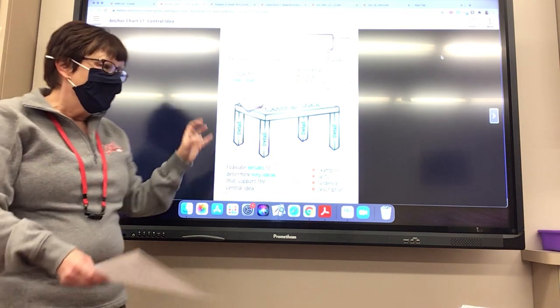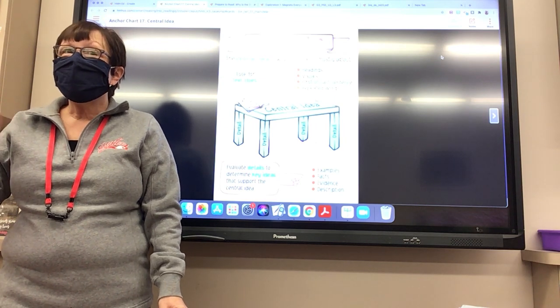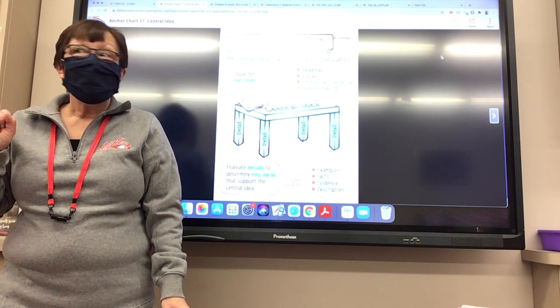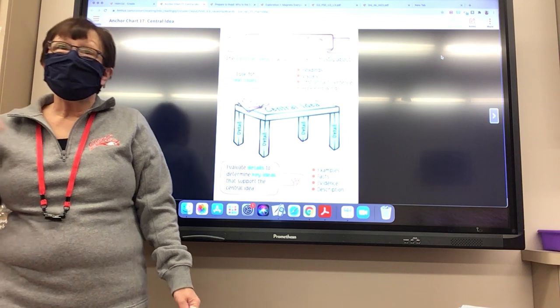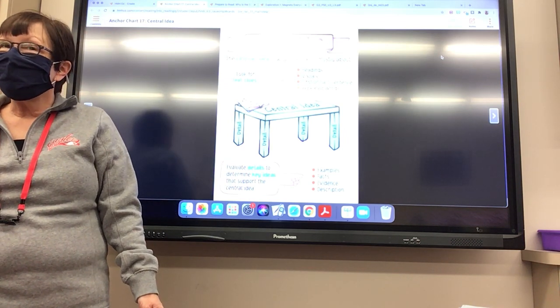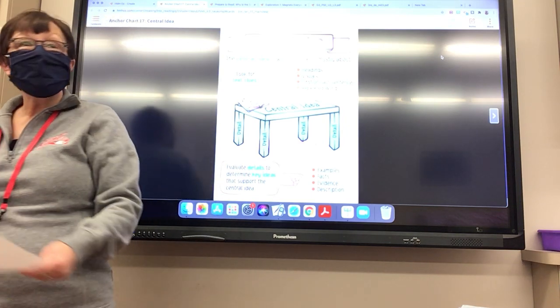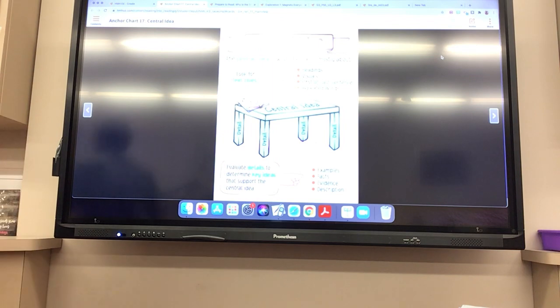Very, very good. So here's what we're going to do. We are going to read a page in your book. As a matter of fact, we're going to read maybe 2 different pages, and we're going to try to find the central idea. We are going to look on page 285. So let's do that.